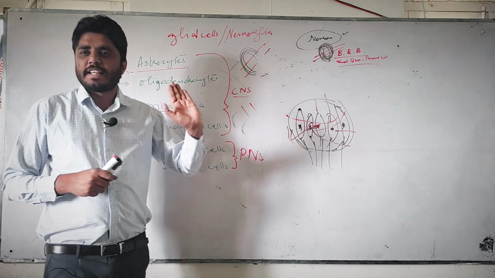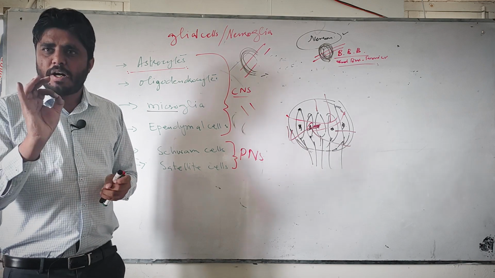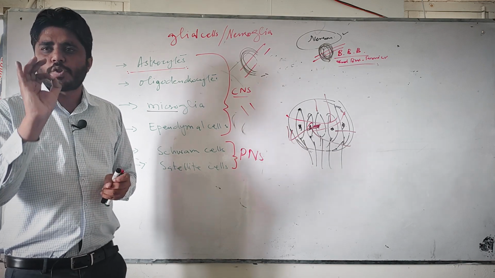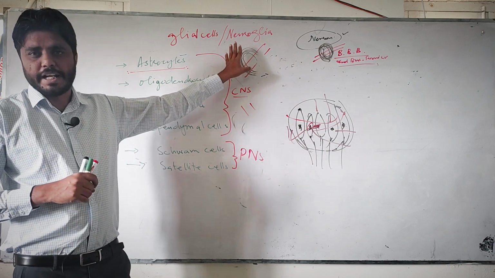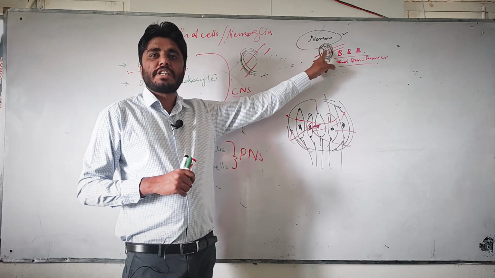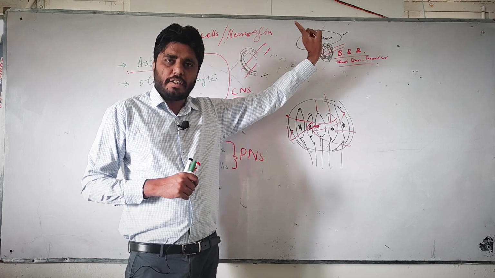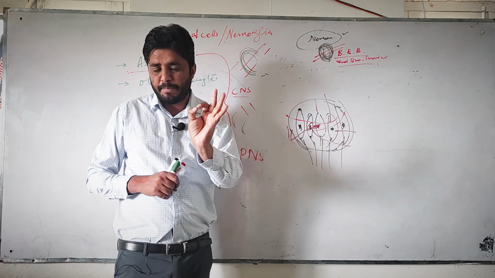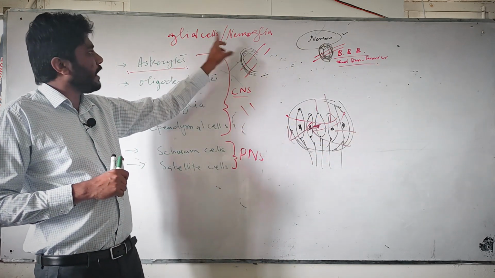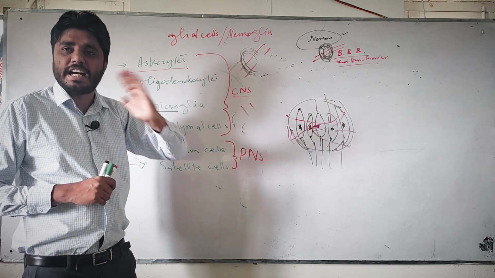Today we were discussing glial cells or neuroglia. The nervous tissue of your body has two types of cells, neurons and neuroglia. Neurons are the functional cells of the nervous tissue, involved in the conduction of nerve impulses. Opposite to this we have glial cells. They are non-excitable cells and do not conduct impulses.